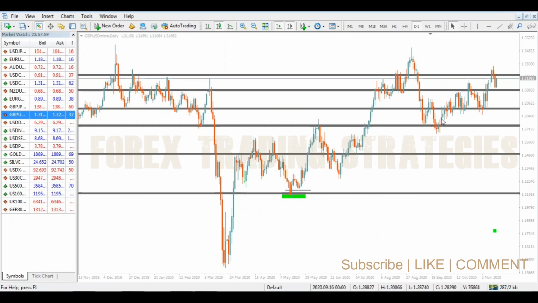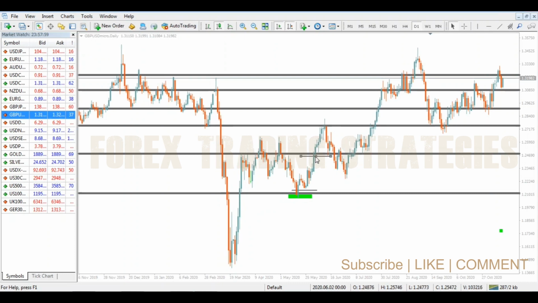That's my buy. Where is my target? My target is obviously this level. You cannot see my line there. If things go well, I'm targeting this level. That's basically my TP. That's my target.